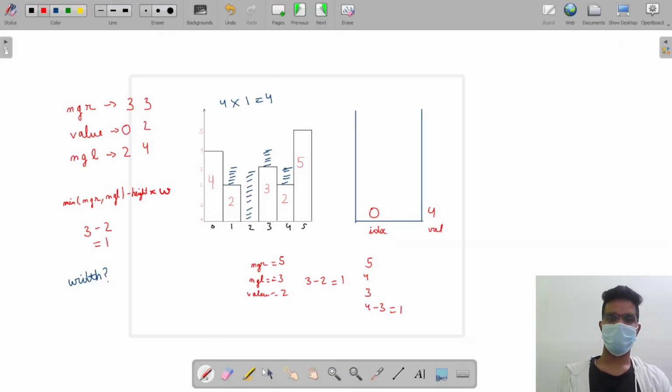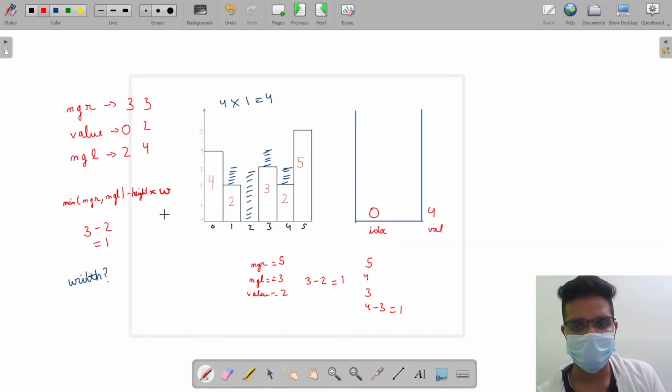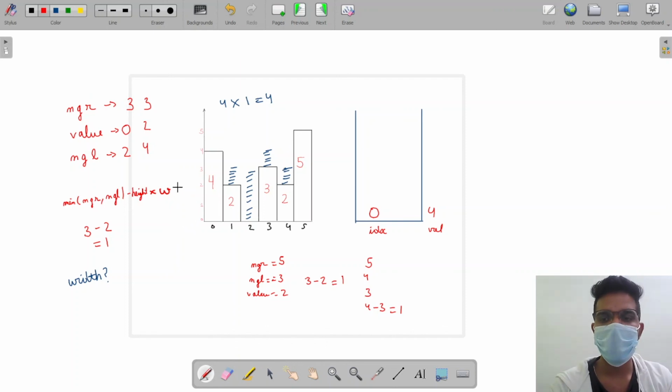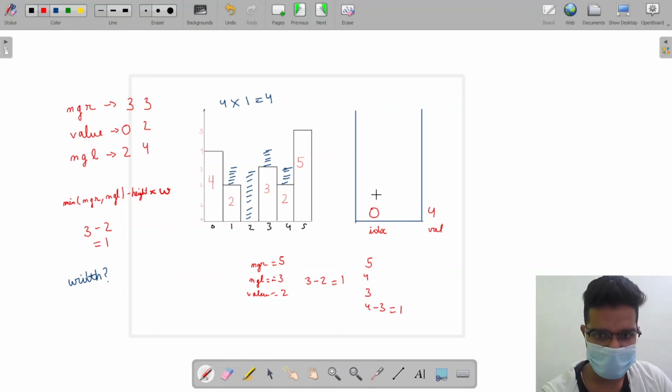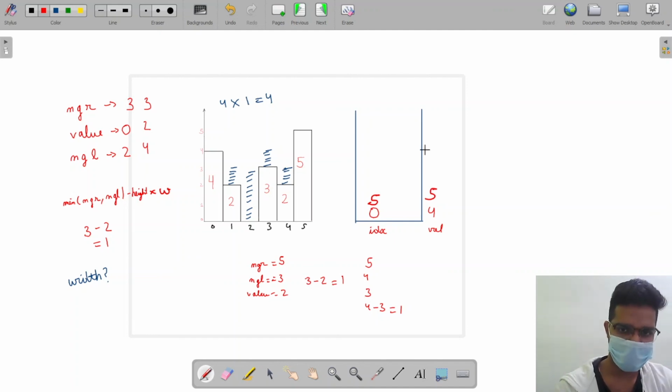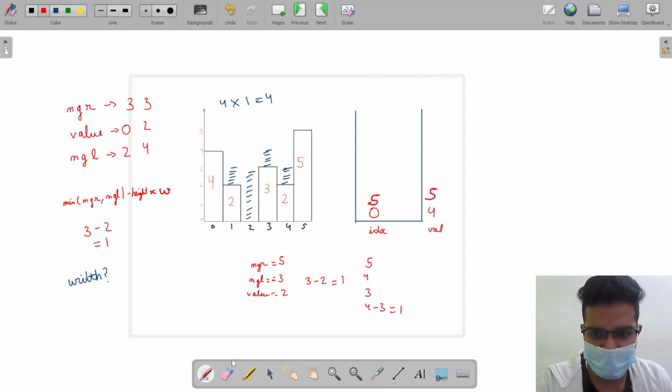Now I want you to see one condition. Here, what we are going to do, we have checked for everything, right? So now we are going to push 5, and its value is also 5. Now we are going to check for the 5 value.